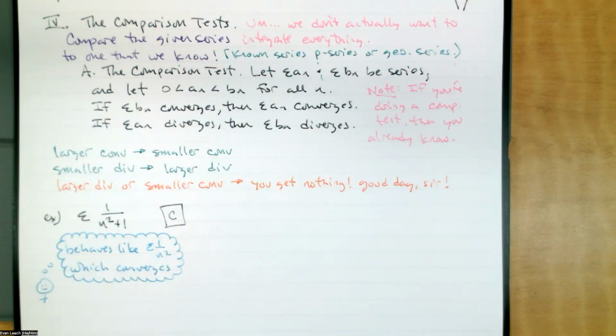We can say the series 1 over n squared is a p-series with p equal to 2, which is greater than 1, which converges. The given series is not a p-series. So we want to note that 1 over n squared plus 1 is not quite a p-series.